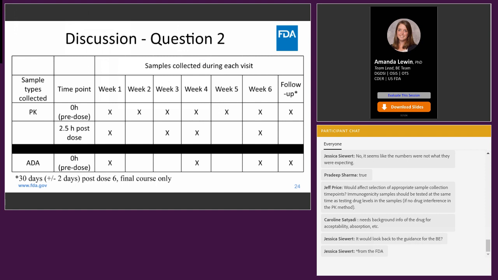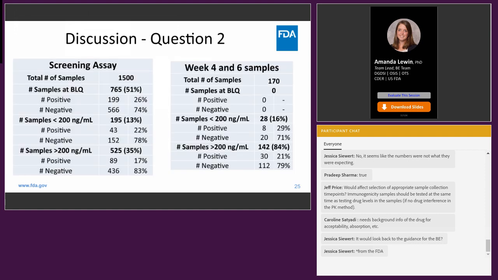We go back and we ask the firm to provide your ADA and your PK data together, and we can evaluate that. So we did that, or hypothetically, we did that. So when you combine the data generated from the ADA assay and the PK assay, you can evaluate that drug tolerance. And so in this case, let's say there were a total of 1,500 samples analyzed in the ADA assay.